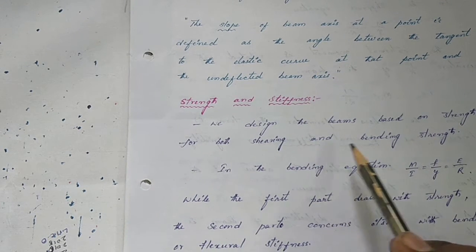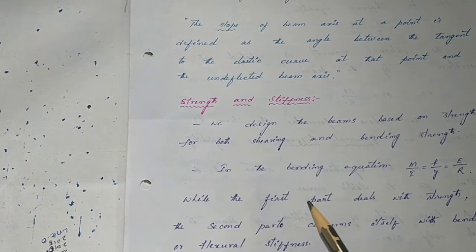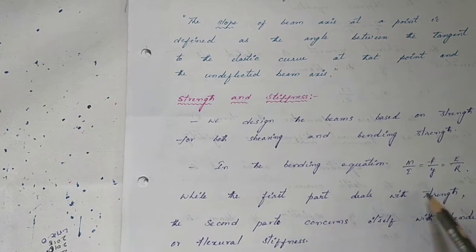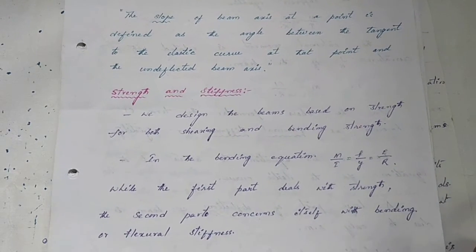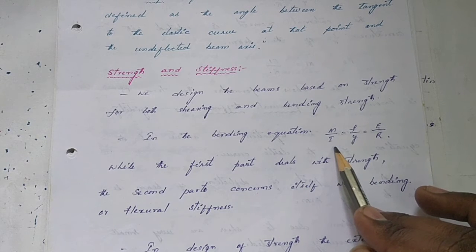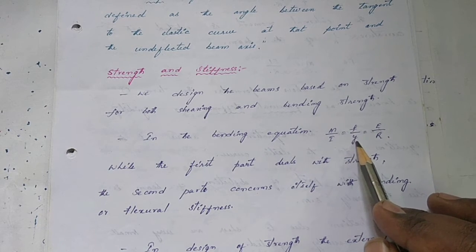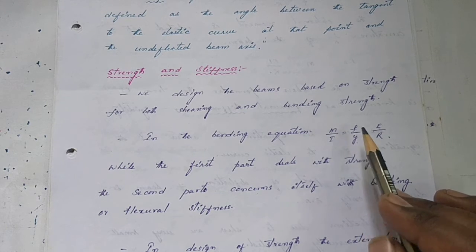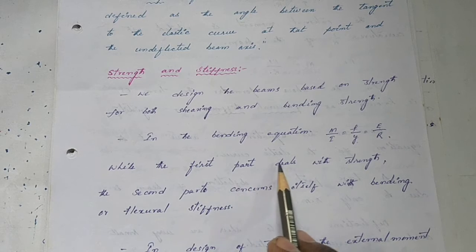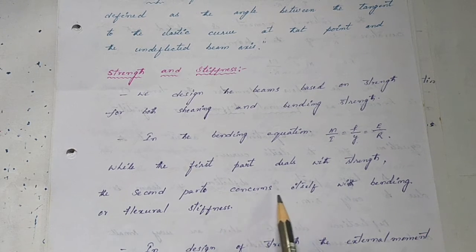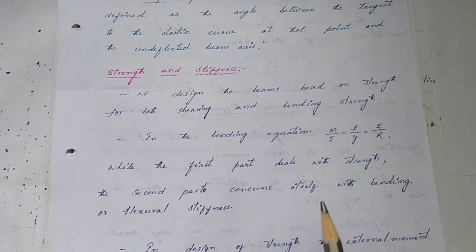Generally, in the bending equation in the previous chapter we derived one relation for calculating the bending stresses, that is M by I is equal to sigma by Y is equal to E by R. Sometimes sigma may be written as F. While the first part, M by I, deals with strength, the second part is concerned with bending or flexural stiffness, that is E by R.